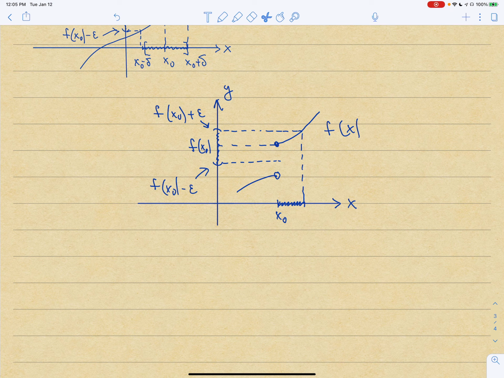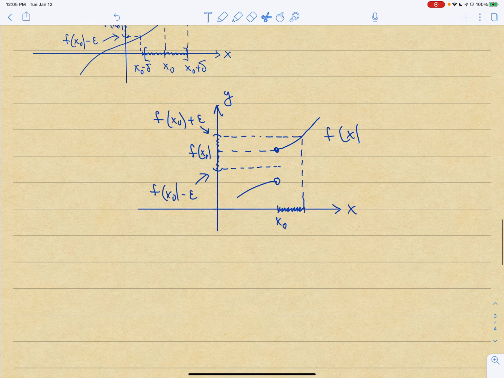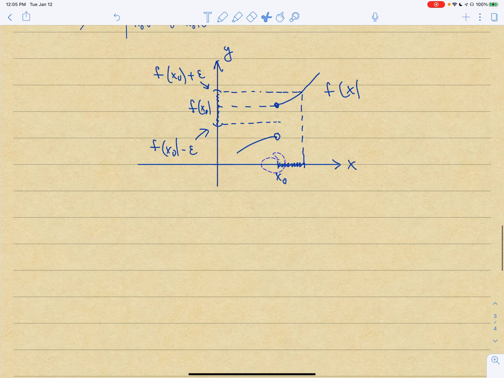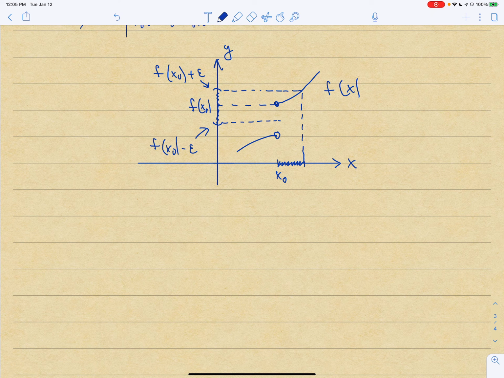So then what is the value of delta that I can use? Just like in the previous example, delta is going to be the smaller of two numbers: how much I can go to the right and how much I can go to the left. Well, in this case, delta is equal to 0, right? So therefore, here, delta is equal to 0.